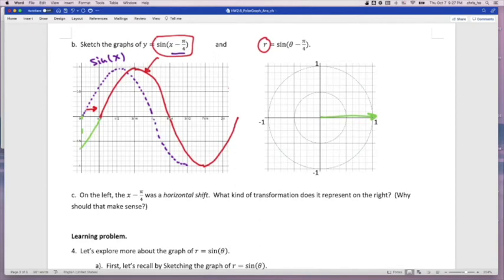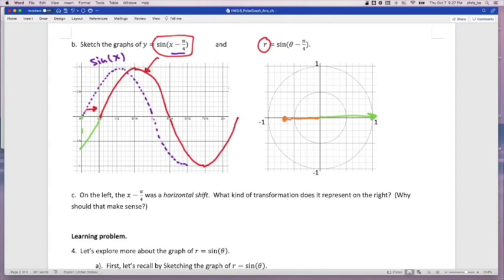So it's a negative value, which means it's probably back here somewhere. I'm going to use orange. A negative value means it's going to go in the opposite direction, and at minus 45 degrees, probably about 0.7. So it's going to be around here somewhere. I'll indicate it with a dot.